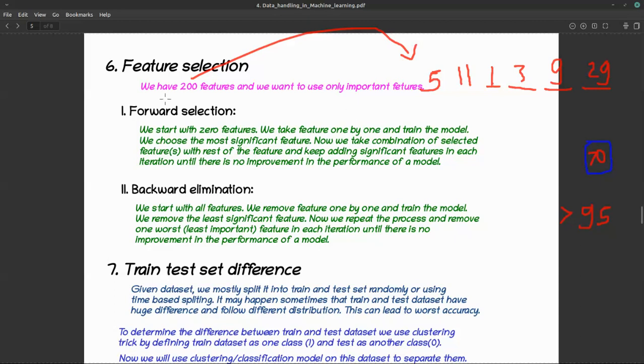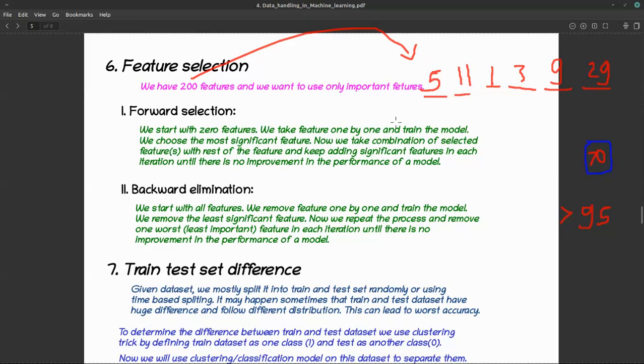So I can throw away the rest of the features. There is no problem in it. If you keep adding more and more features, the accuracy may go up to 96, then 98, then 100, which may be an overfitting case. There is a famous saying, garbage in, garbage out.